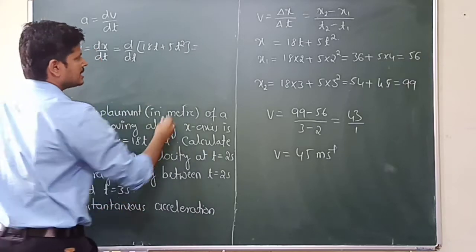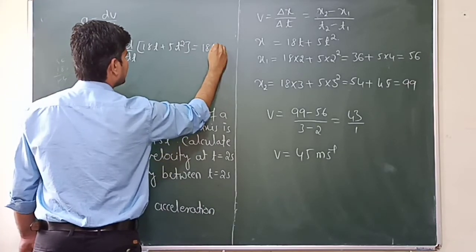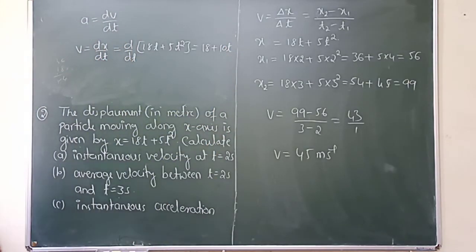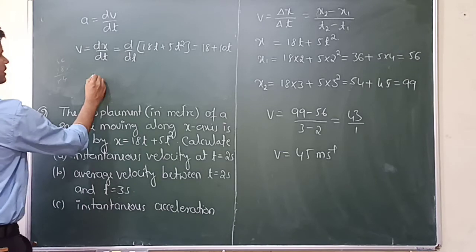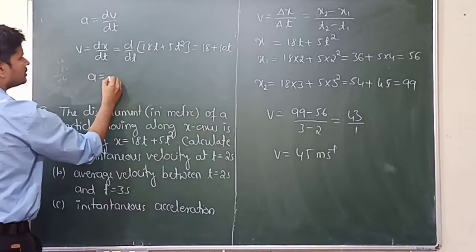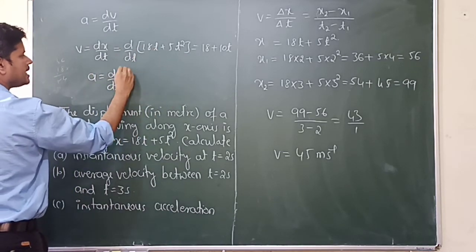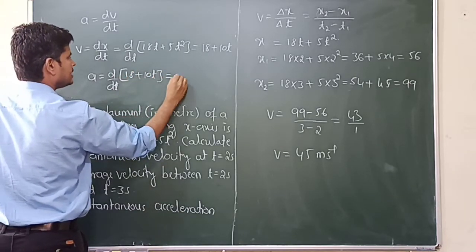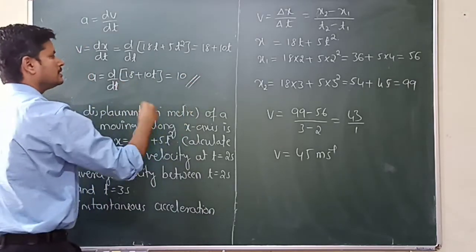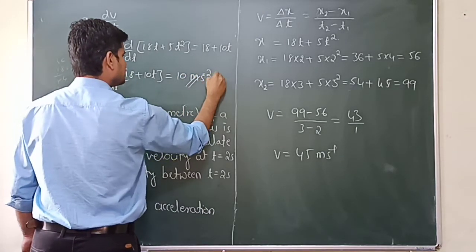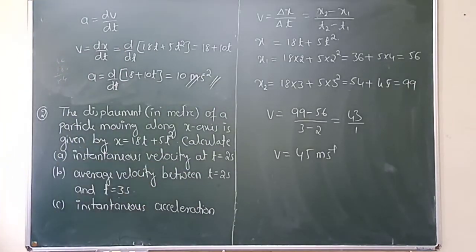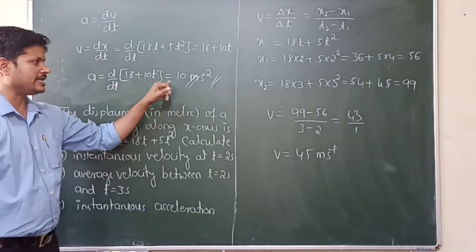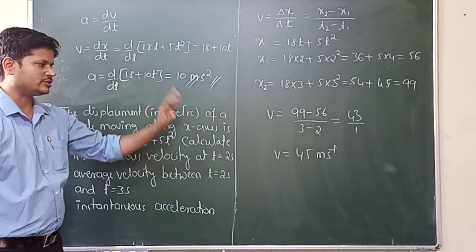Already we have done this. It is 18 plus 10t. Therefore, this is v. d by dt of 18 plus 10t. This is 10 meter per second square. This is simple, just directly 18 plus 10t, 10 meter per second square, right?